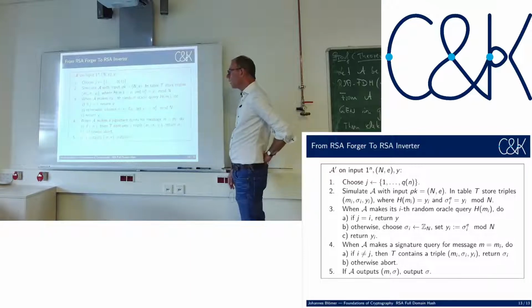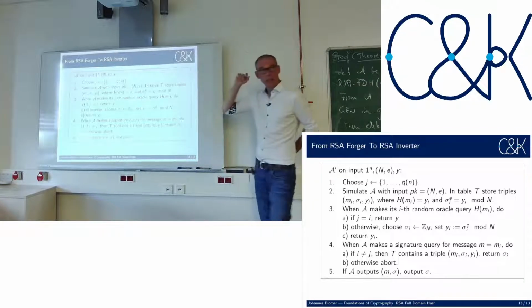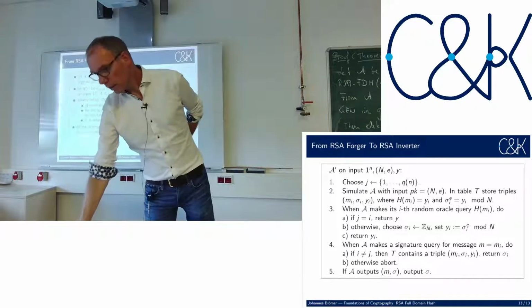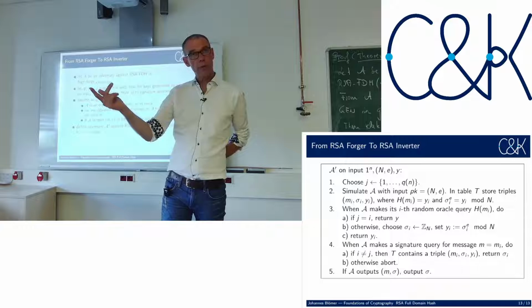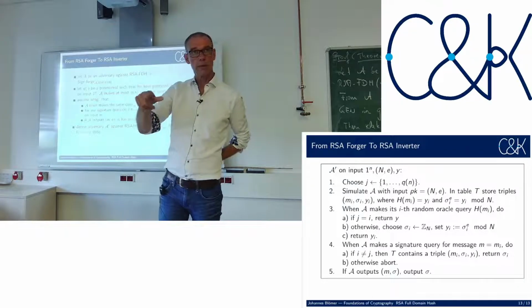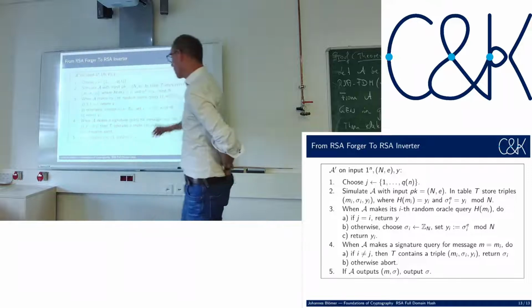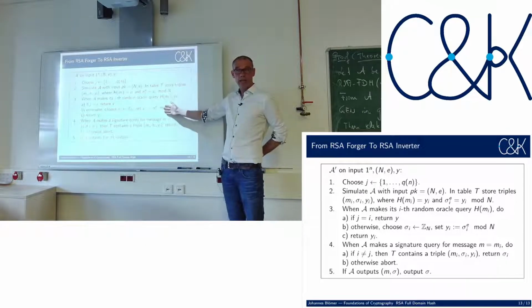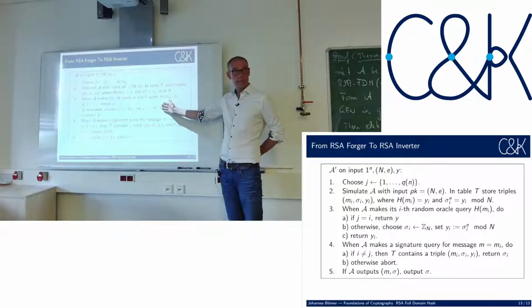Okay, so we now do the following. Recall that before A makes a signature query on a message, it has always asked the random oracle for the hash value on that message. So now we have to say how we answer A's queries.